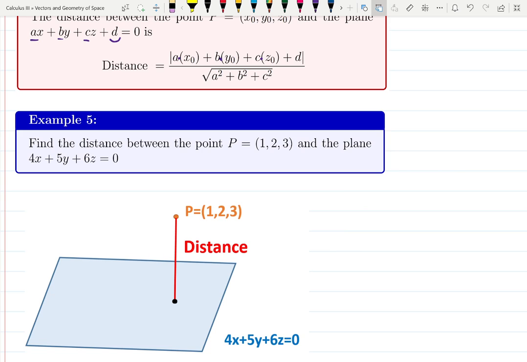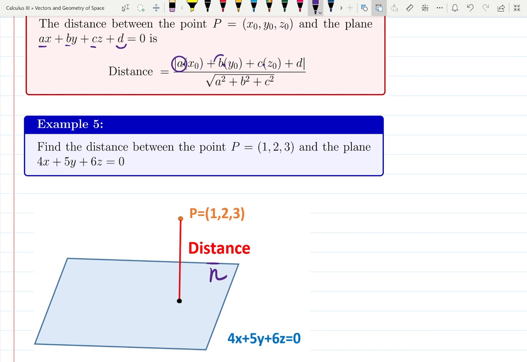So the shortest distance has a connection with vector n, which is the normal vector. That is why it has this a, b, and c in the formula, because that is exactly a normal vector. And that is why it has magnitudes everywhere. Magnitudes are distances, so that's exactly what will give me a finite number, a distance.